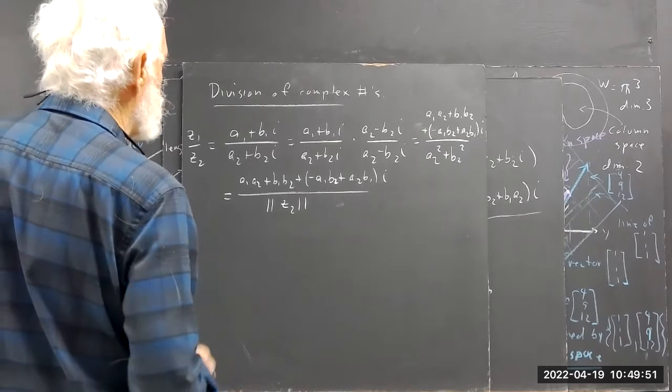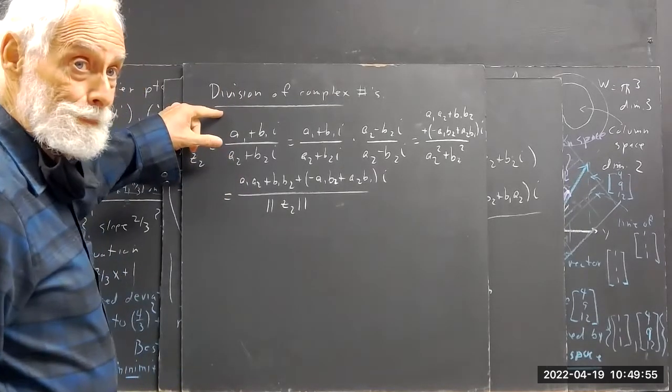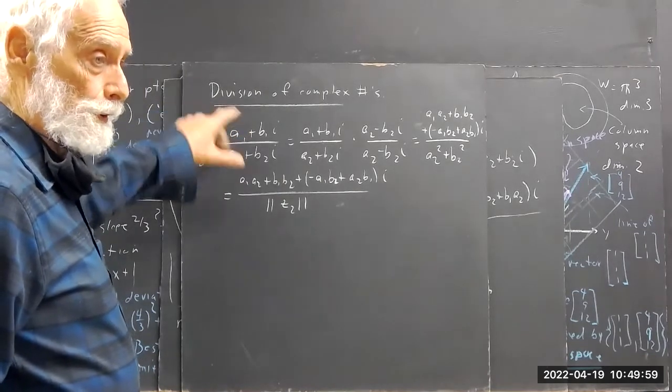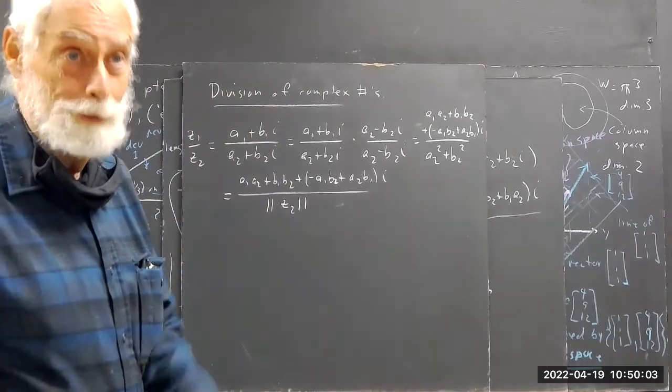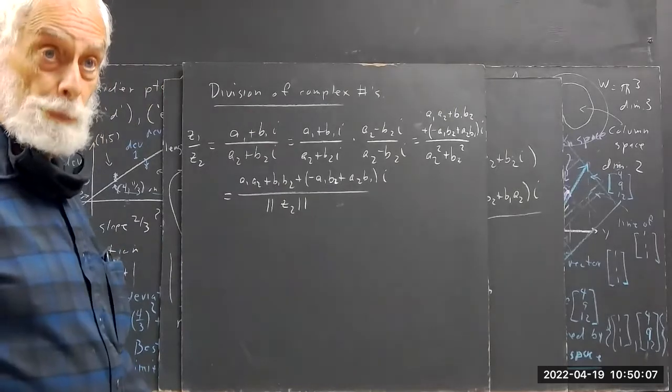It follows that this times this equals this. And from that, it follows that when you divide two complex numbers, you divide their magnitudes and you subtract the angles. Just the inverse of what you do when you multiply them.